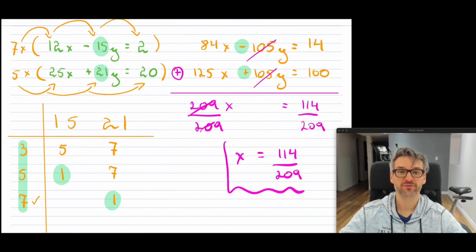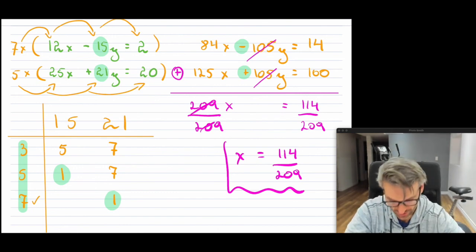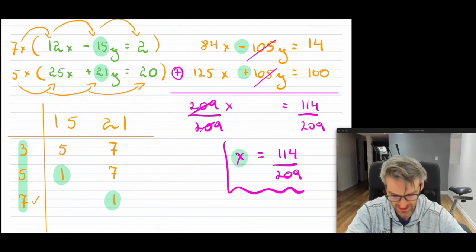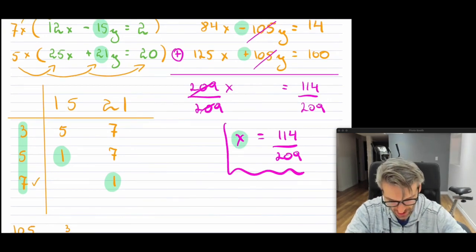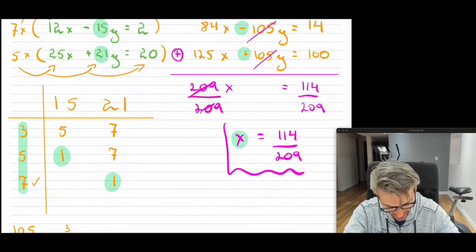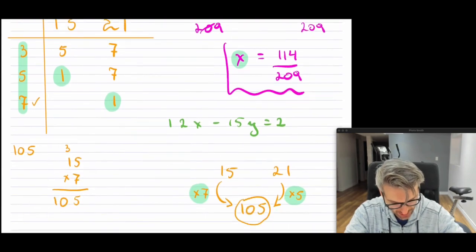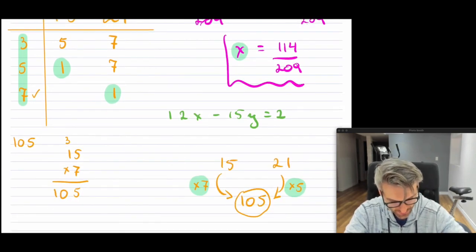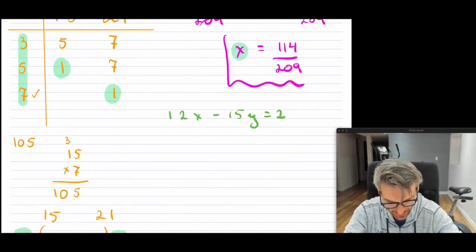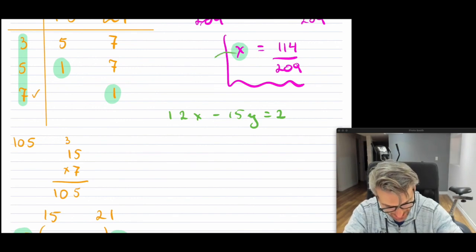And now, again, you're going to have to substitute. You have to take this x and then take one of the lines. So for instance, if we have 12x minus 15y is equal to 2, I can take one of those lines and then substitute this x in it.